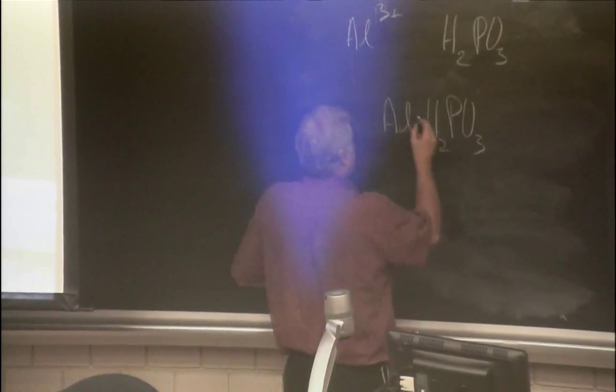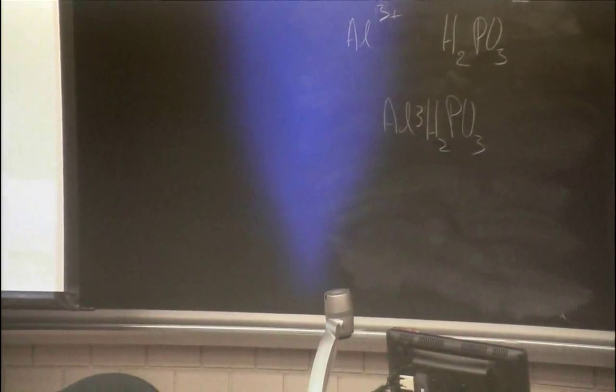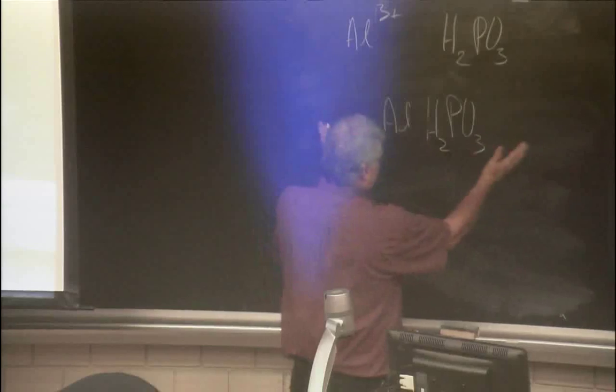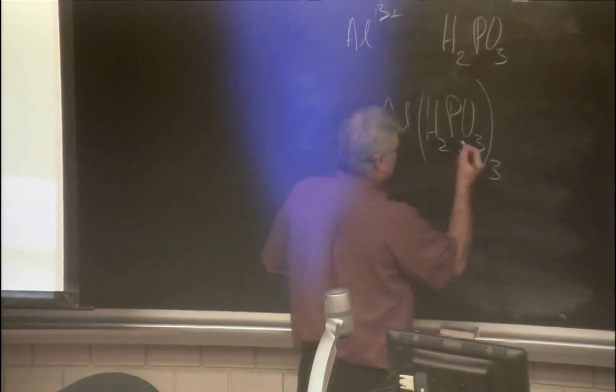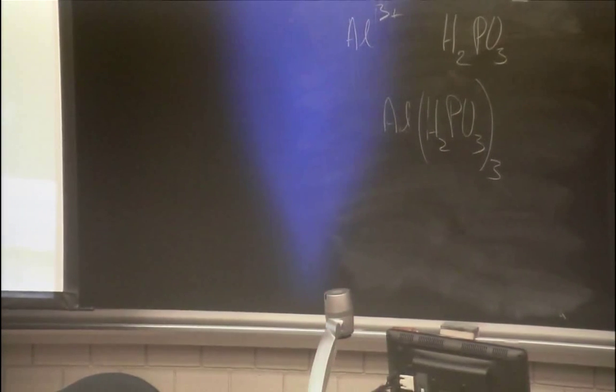Well, we could do something like that, but that's not done here on planet Earth. Maybe in a galaxy far, far away. We keep the thing compact, but what we do is we put a parentheses with a 3 on it. That means everything inside the parentheses is multiplied by 3.